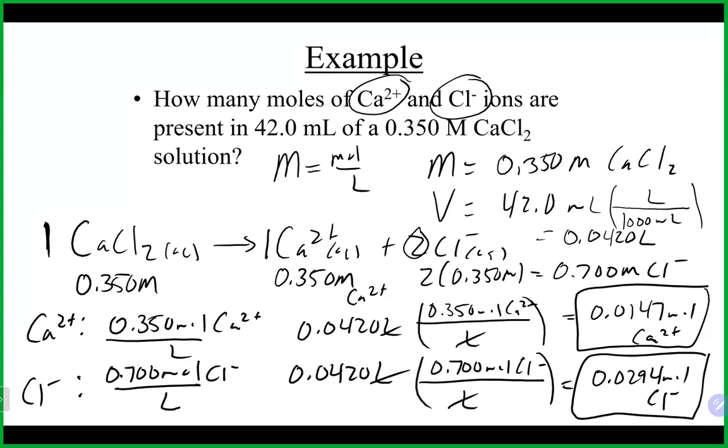We're not looking for the molarity here, we're looking for the moles. If you had the moles of each of them divided by the liters, that'll get you the molarity. It's a very common error that people make.